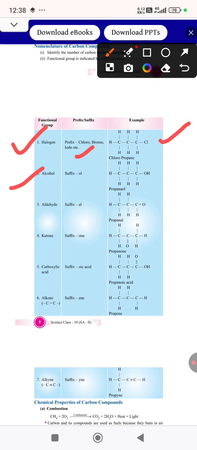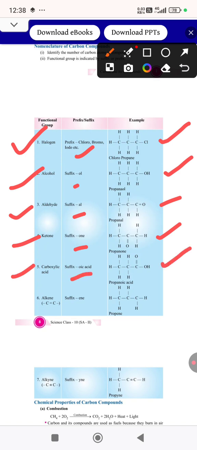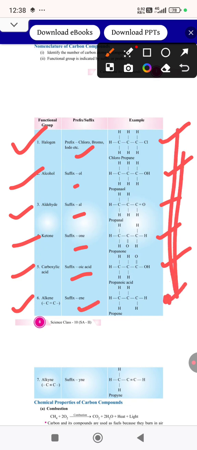For alcohol the suffix is ol and the formula is this. For aldehyde the suffix is al and the formula is this. For ketone the suffix is one and the formula is this. Carboxylic acid suffix is oic acid and the formula is this. For alkene the suffix is this and the formula is this. This is not the formula, they are all examples.